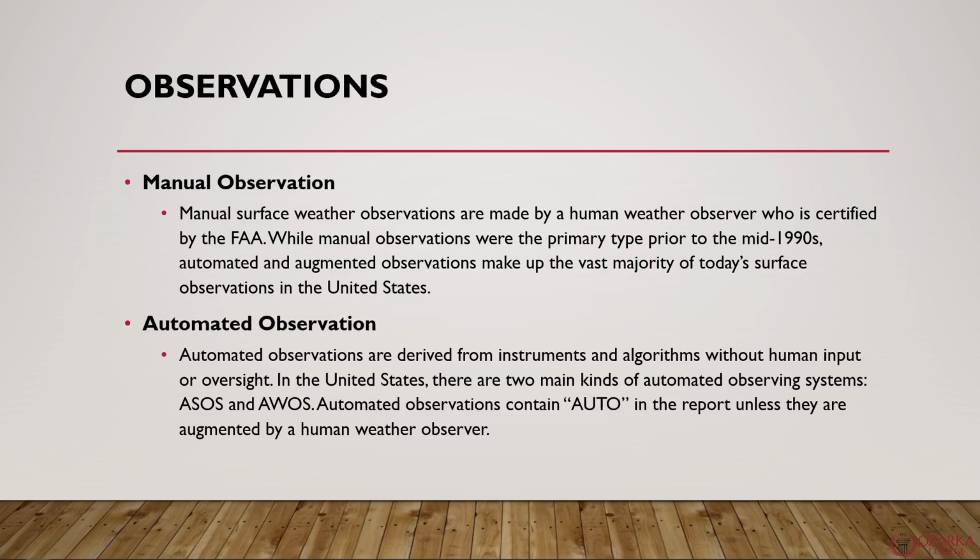Now, automated observations are derived from instruments and algorithms without human input or oversight. In the United States, there are two main kinds of automated observing systems. You have the ASOS, which we have out at the airport, or the AWOS. Automated observations contain AUTO in the report unless they are augmented by human weather observers.